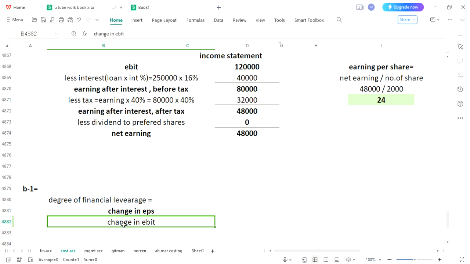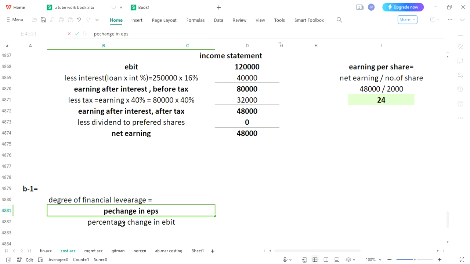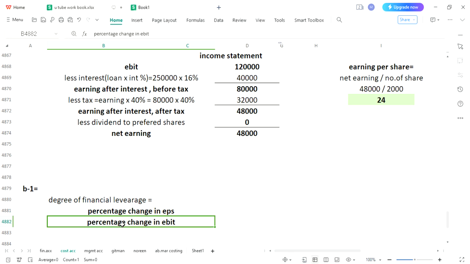So over here you can write percentage change in EBIT, and then percentage change in EPS. This is the formula basically to calculate degree of financial leverage. Other formulas could also be present in the book, but this is the simplest and easiest way to calculate degree of financial leverage.